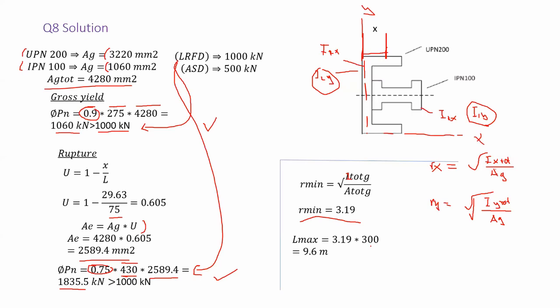Well, because if you had a very long member in tension and you're not satisfying this L max condition, for example, you go 12 meters or 20 meters for the length of the tension member, you would face issues: the higher you go in length, the more vibrations the member in tension would face. We don't want any member in tension to be vibrating, and because of that, we limit the length of the member in this way.